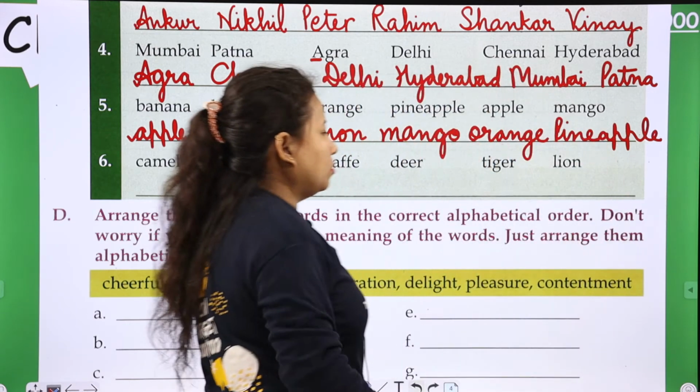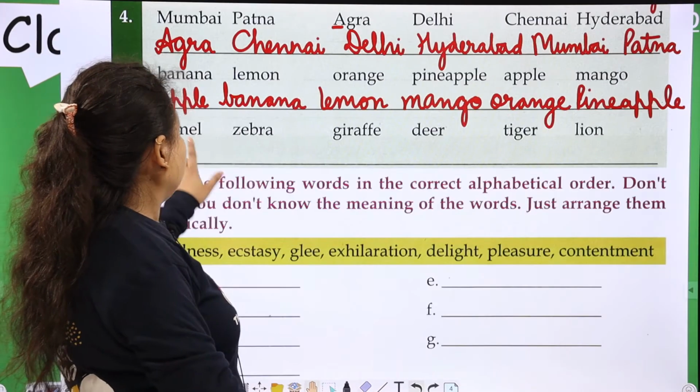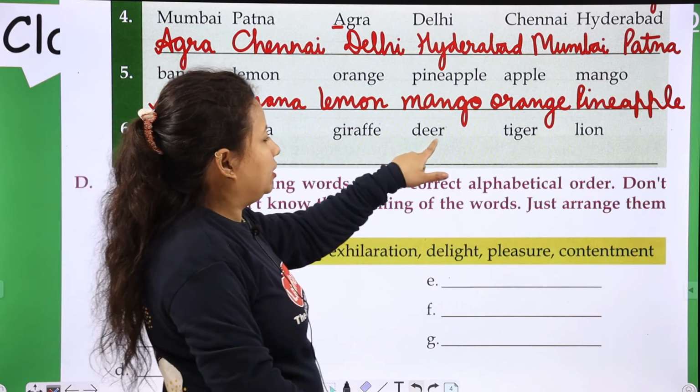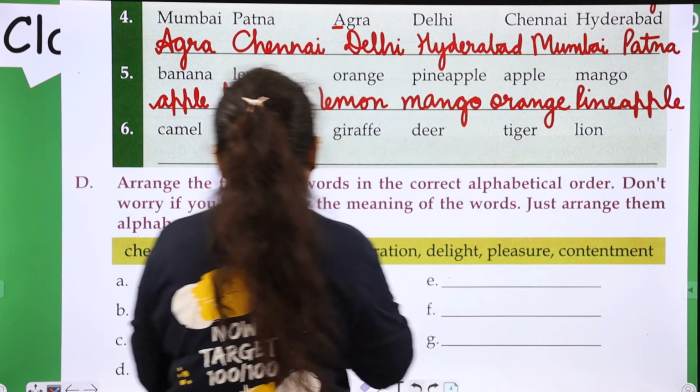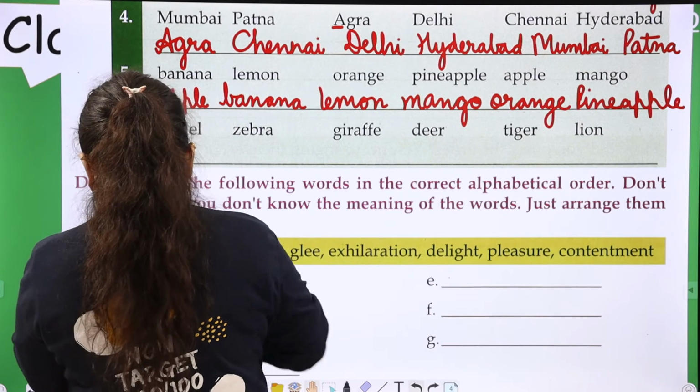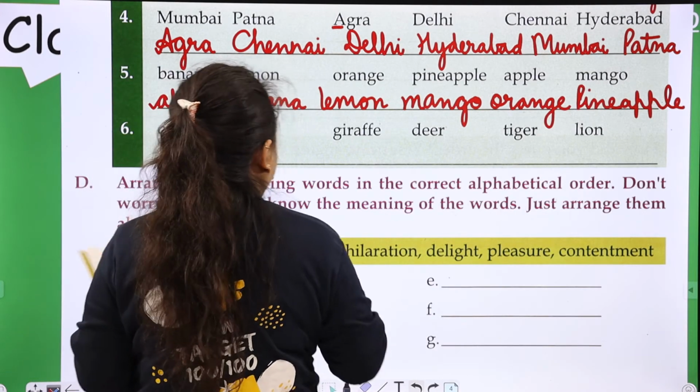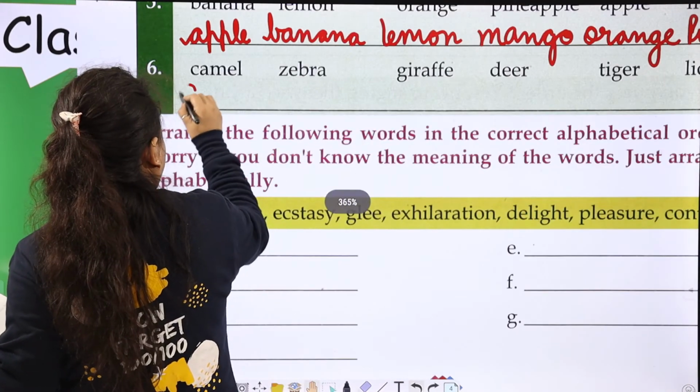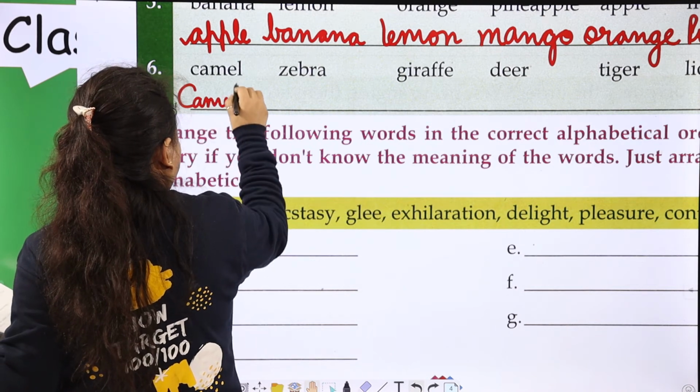Okay. Next is camel, zebra, giraffe, deer, tiger and lion. So first, I am going to start with camel. Letter C will come first.